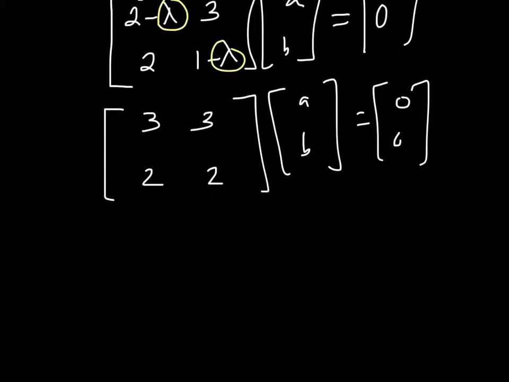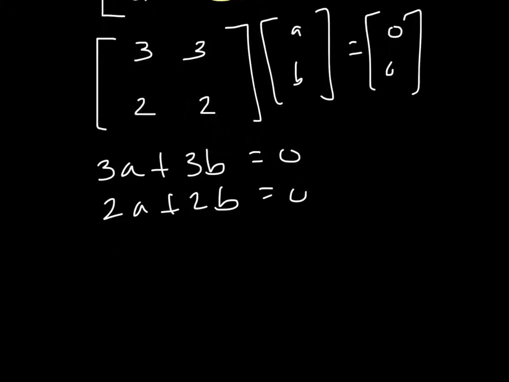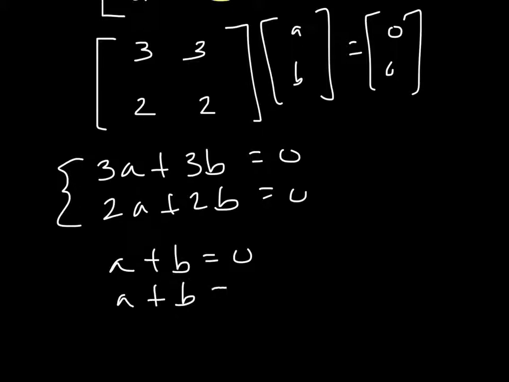And again, this is just 3a plus 3b equals 0, 2a plus 2b equals 0. We don't have to simplify, but hopefully you can see that if I divide by 3 in the first equation, and divide by 2 in the second equation, they're the same equation.